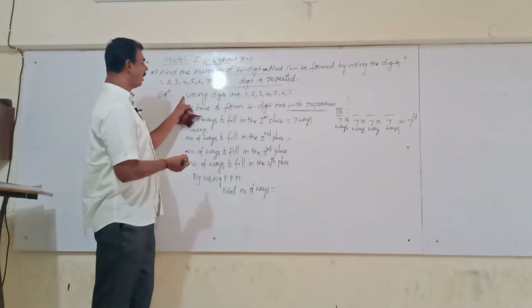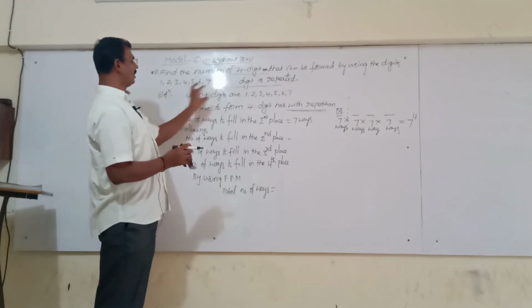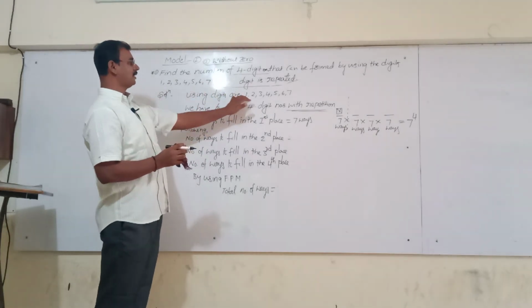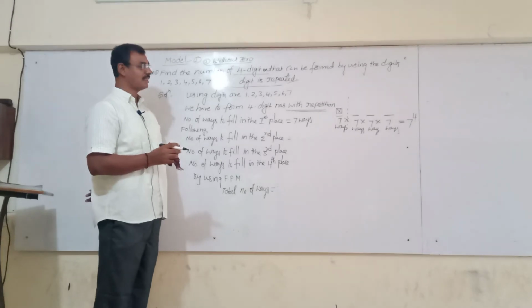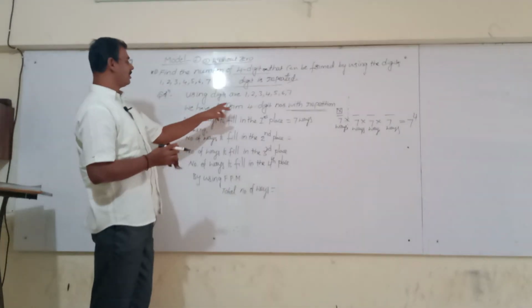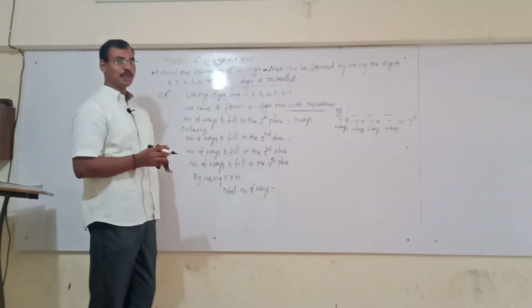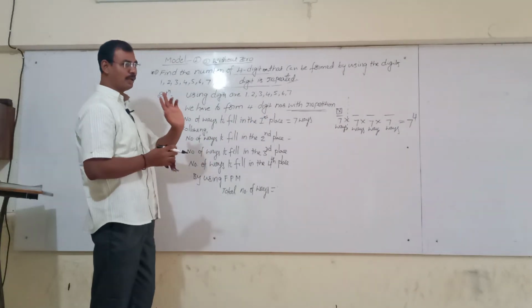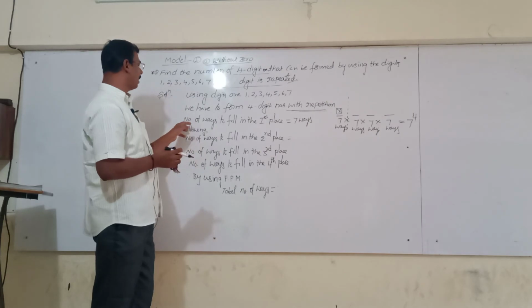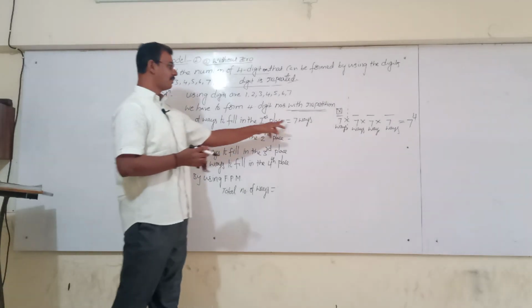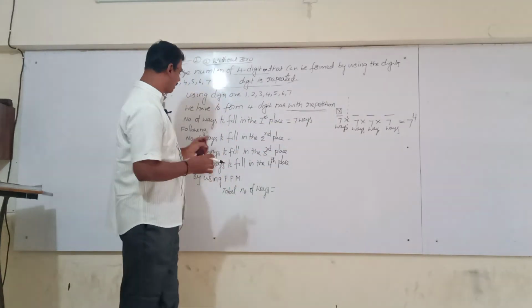Okay, how to write in the exam? Using the given digits. What are the given digits? 1, 2, 3, 4, 5, 6, 7. We have to form 4 digit numbers with repetition. Number of ways to fill the first place is 7 ways.